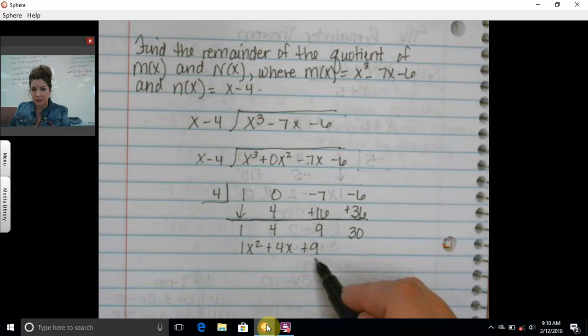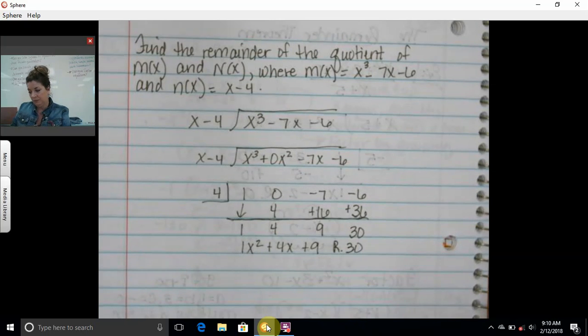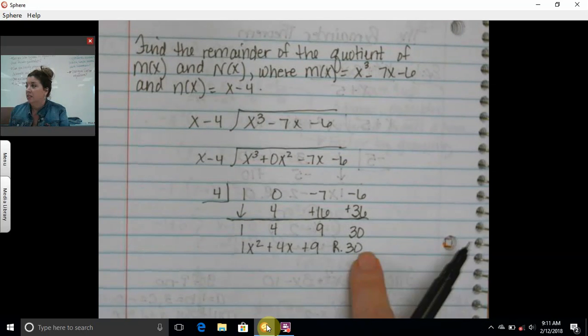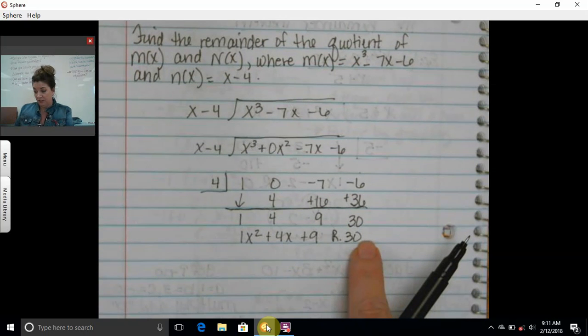Once we get to 0 degrees, if there's another number, it's our remainder. So is x minus 4 a factor? No. Is x squared plus 4x plus 9 a factor? No. If the remainder was 0, then it would be a factor. Okay?